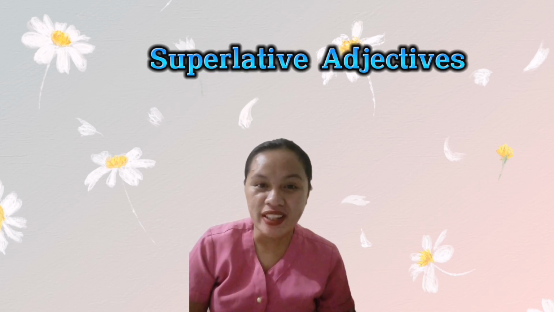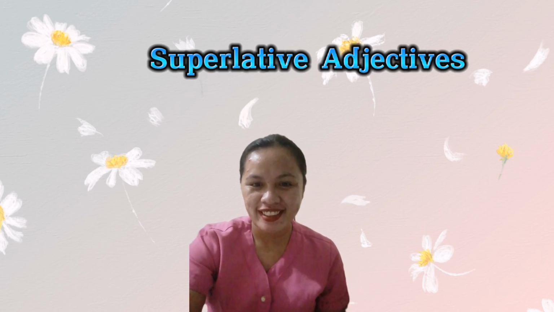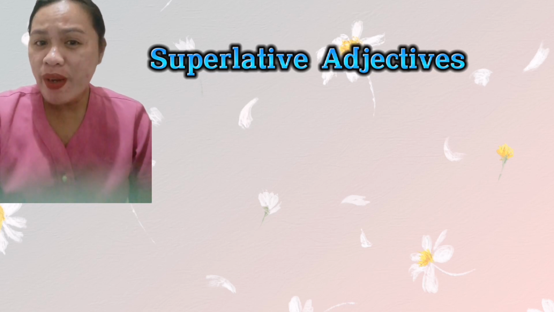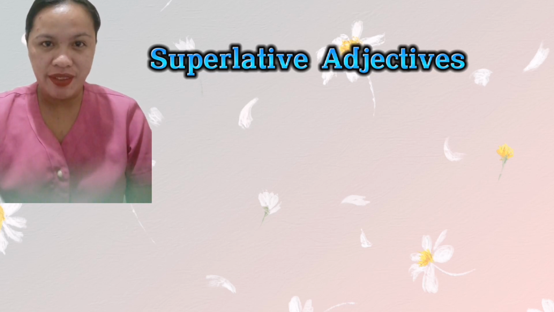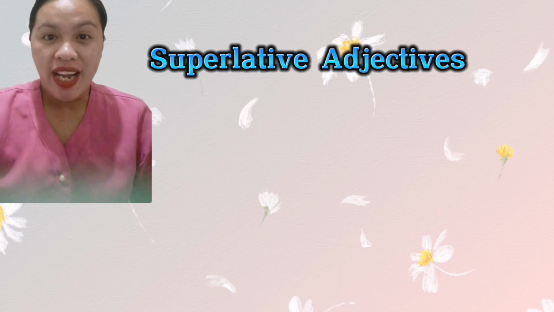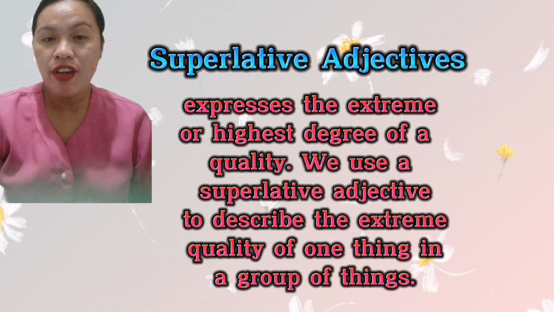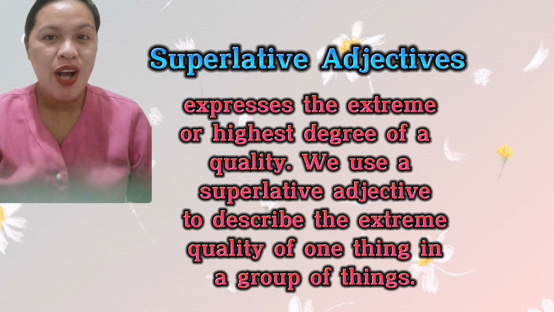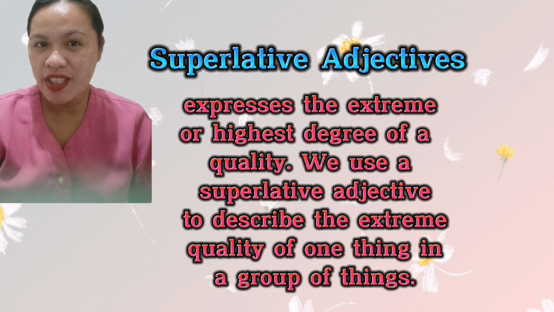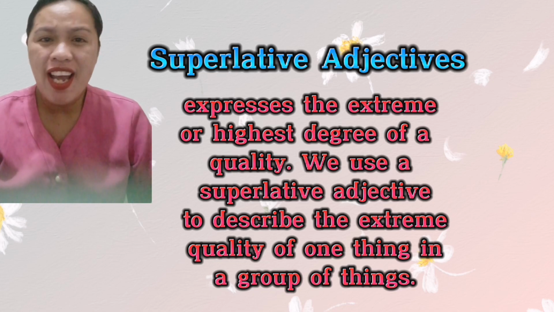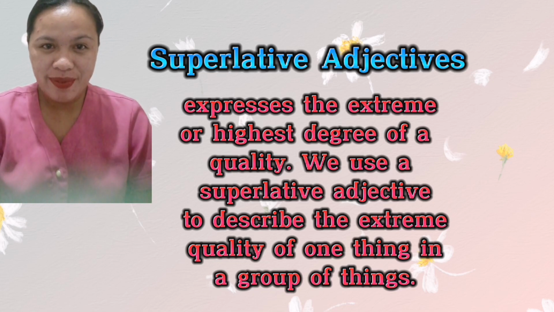Now that you have learned comparative adjectives, let us discuss superlative adjectives. Now, what is a superlative adjective? A superlative adjective expresses the extreme or highest degree of a quality. We use a superlative adjective to describe the extreme quality of one thing in a group of things.